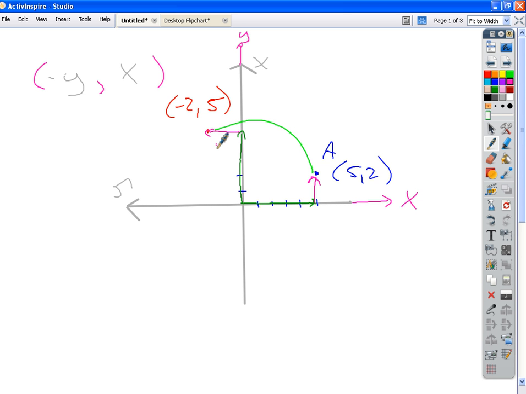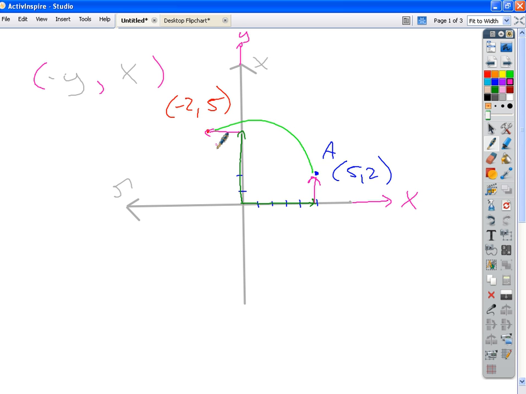Now, would you agree if I had rotated this clockwise instead of counterclockwise, it would have changed, right? If I were rotating this clockwise, then what used to be traveling to the right becomes what? Down. Okay. So right becomes down when I rotate the whole graph. So I'll go down 5.